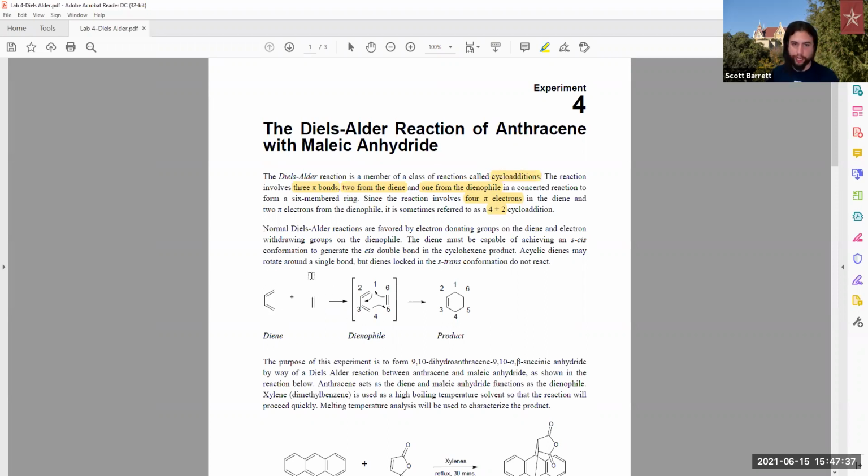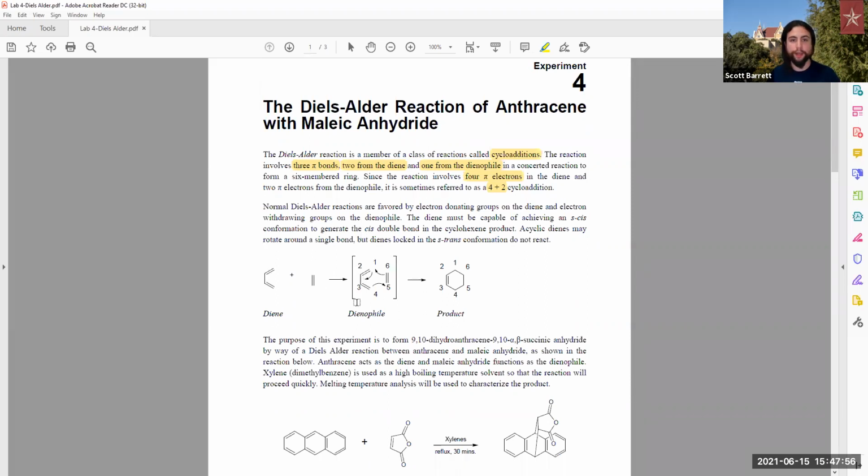The dienophile, this should actually be placed here because this alkene is the dienophile, and it is 2 pi electrons. So that would be a 4 plus 2 cycloaddition. And a good rule of thumb is to label them with numbers so that you can address the shifting of the pi electrons as it goes.